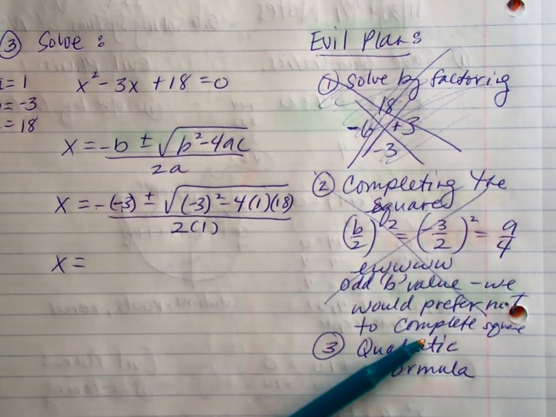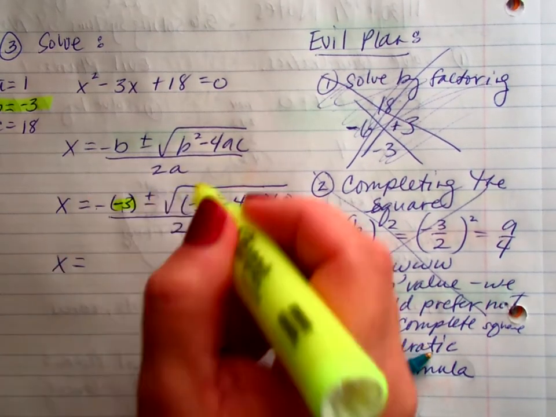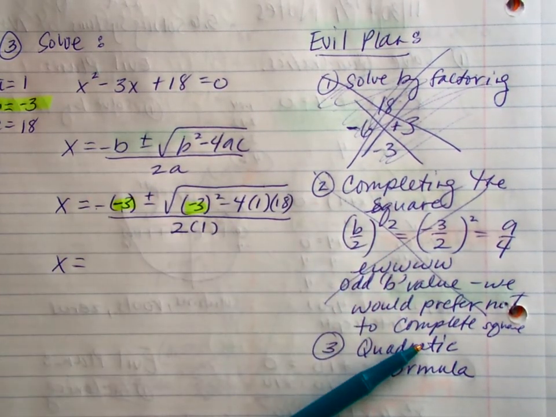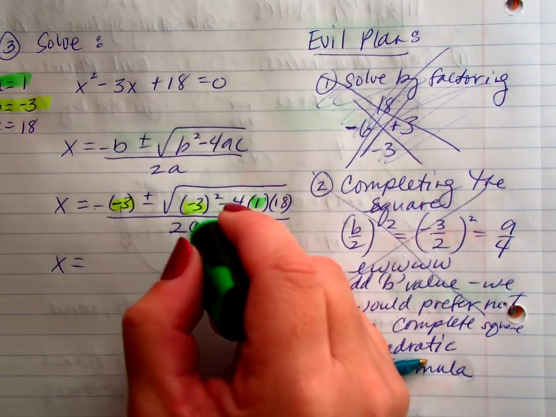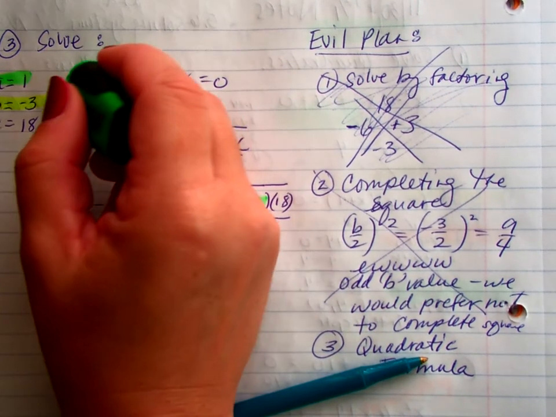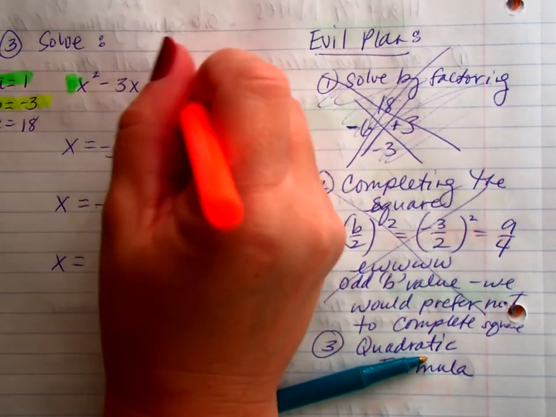Notice where these plugged in and see how you did on that. Did you get b as negative right here? Did you get a as that positive 1? And did you get c as 18?